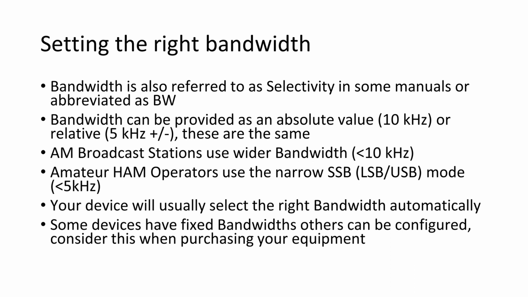AM broadcast stations use wider bandwidth, less than 10 kHz. Amateur ham operators use the narrow SSB mode, less than 5 kHz. Your device will usually select the right bandwidth automatically for you. Some devices have fixed bandwidths, others can be configured. Consider this when purchasing your equipment.